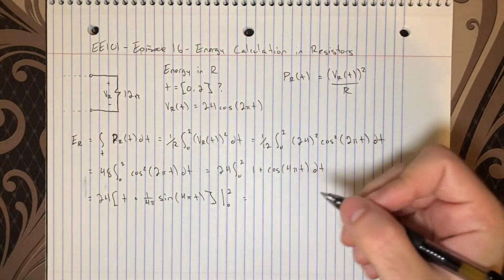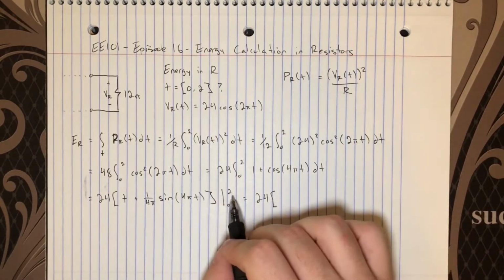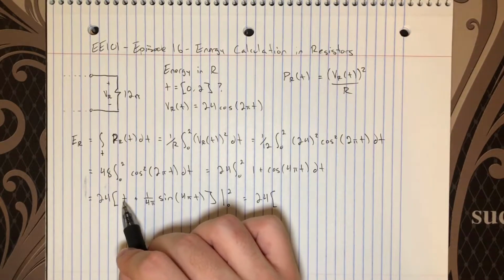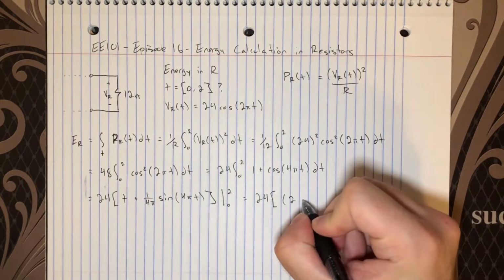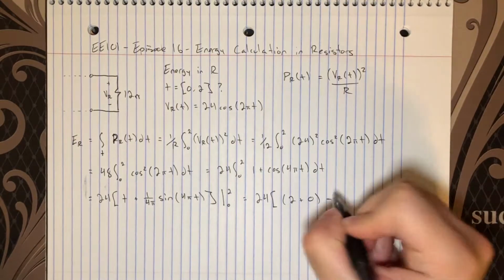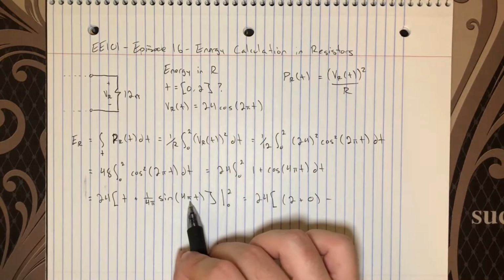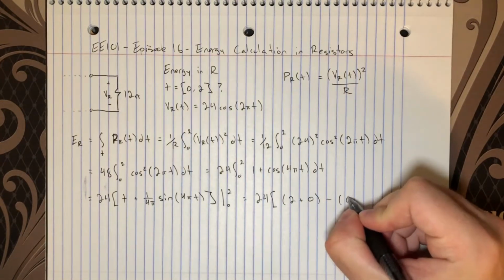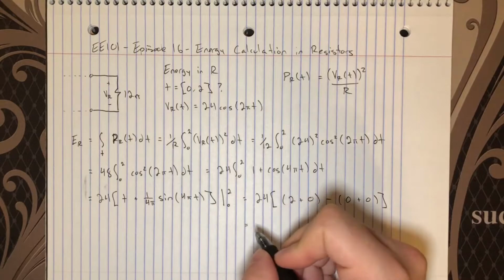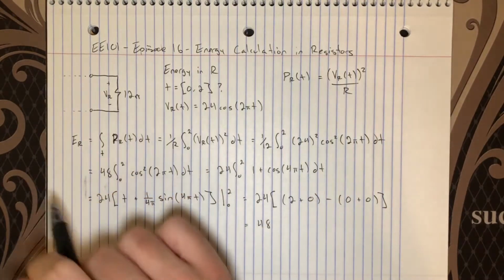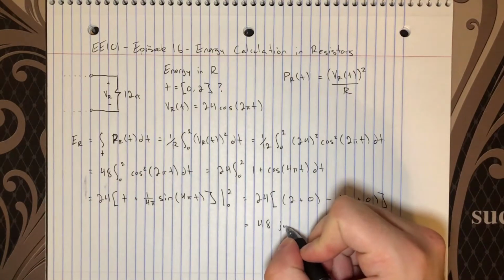Evaluating at 2 gives 2 plus sine of 8 pi, which is just 0, so 2 plus 0. Then we subtract the evaluation at 0, which also gives 0, since sine of 0 is 0. What we get here is 48, and remember this is energy, and we integrated watts, so we get joules.